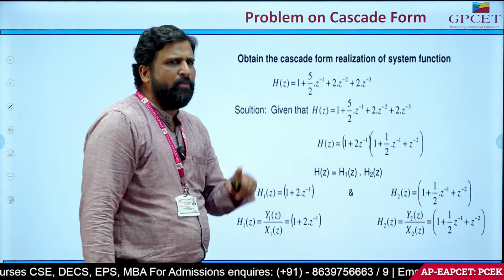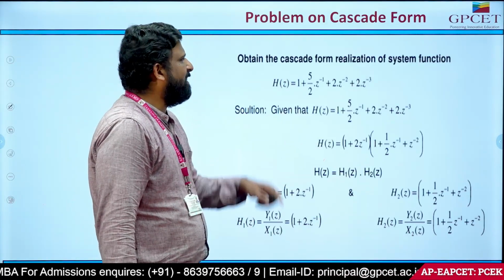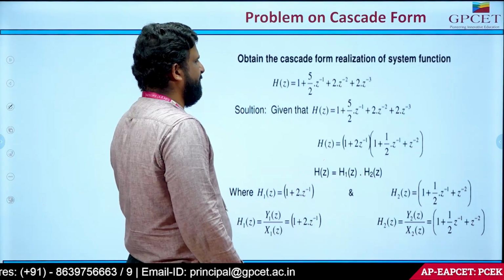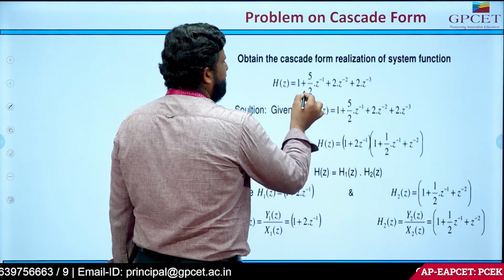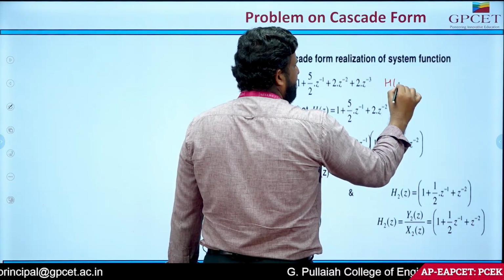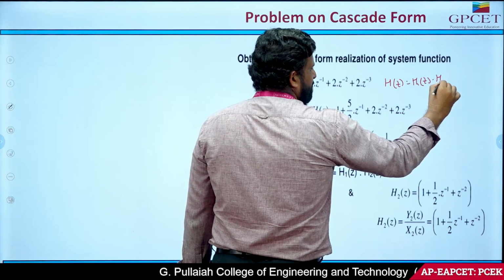Now here is one more model, just we'll see, this is the final problem. This is another model. What happens if the given equation is not in product terms? For example, H of z is in the form of a transfer function, where it is not in the form H of z is equal to H1 of z into H2 of z. It should be like that.